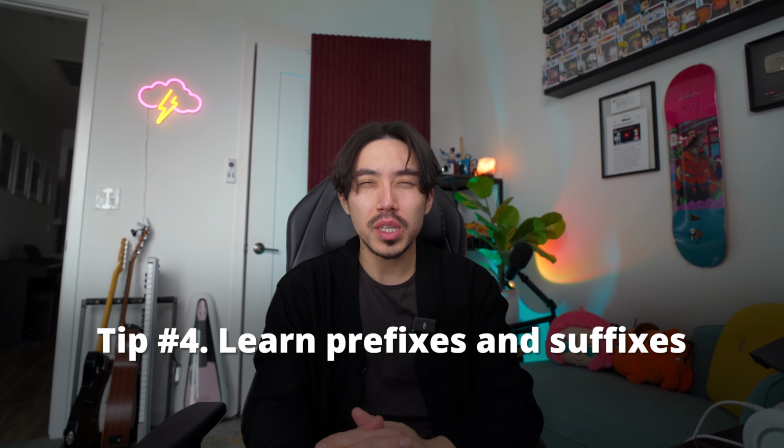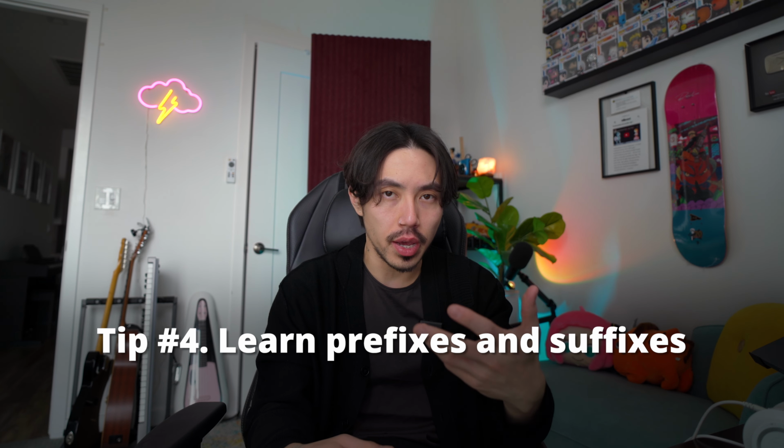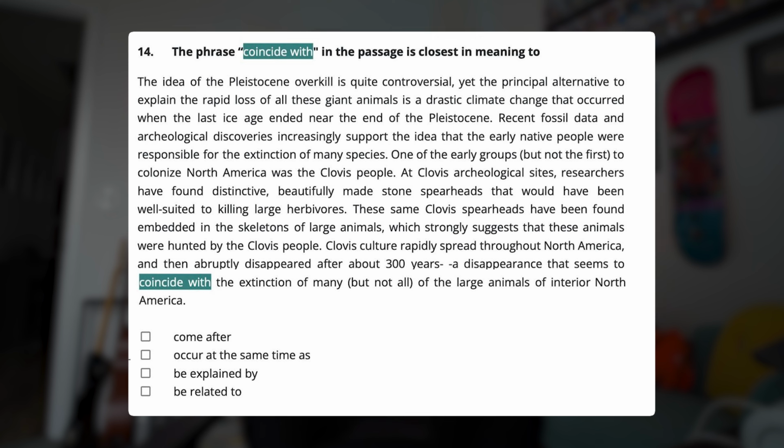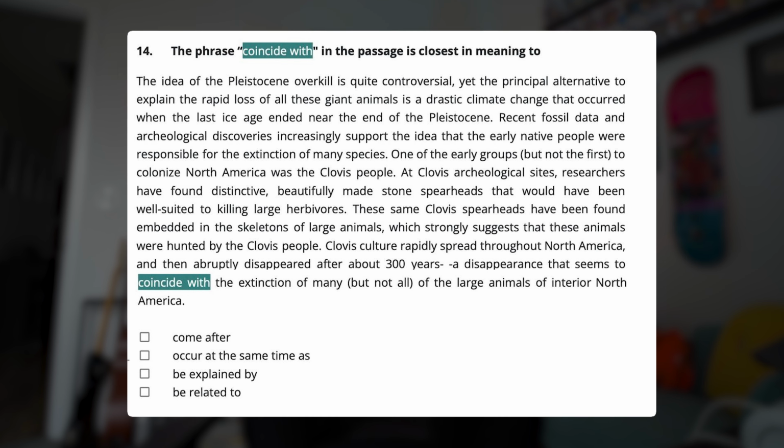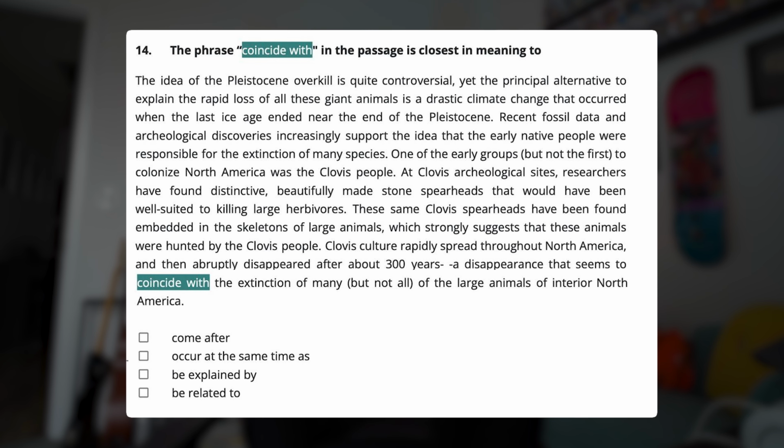Number 4, get into the habit of really looking at the word and thinking about it on a different level, right? From a language perspective. For example, take a look at this right now. This is your question, right? Coincide. You need to figure out what "coincide with" means, but you don't know this word, right?